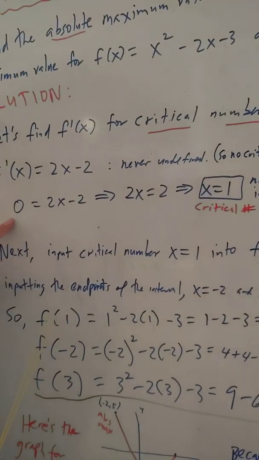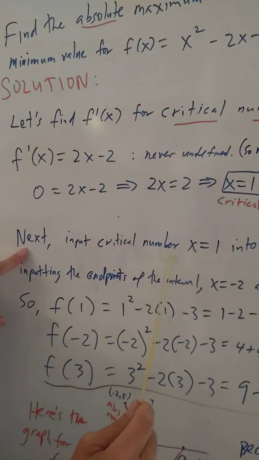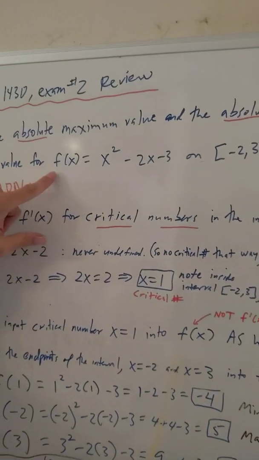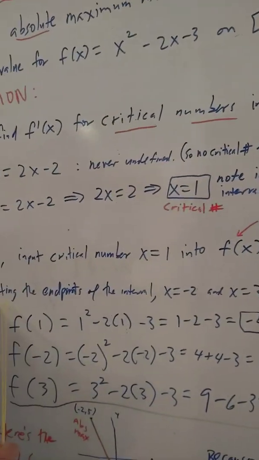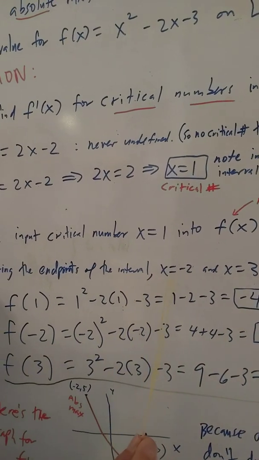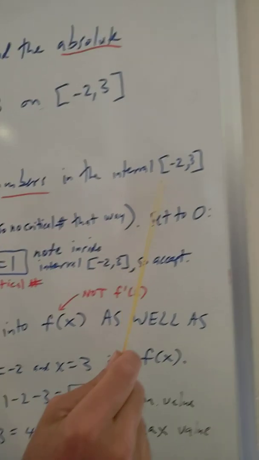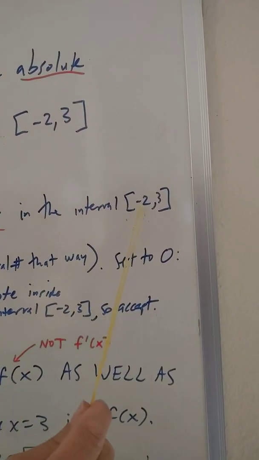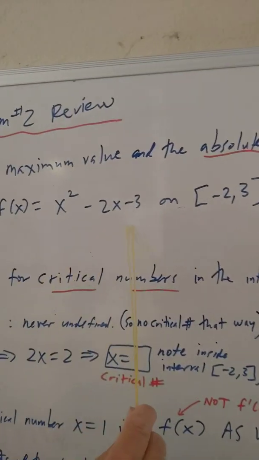Now, because this is an absolute problem, you always want to input, besides the critical number x equals 1, into your original function, the endpoints of the interval as well, which are x equals -2 and x equals 3. So with absolute problems, always input your endpoints into the original function.